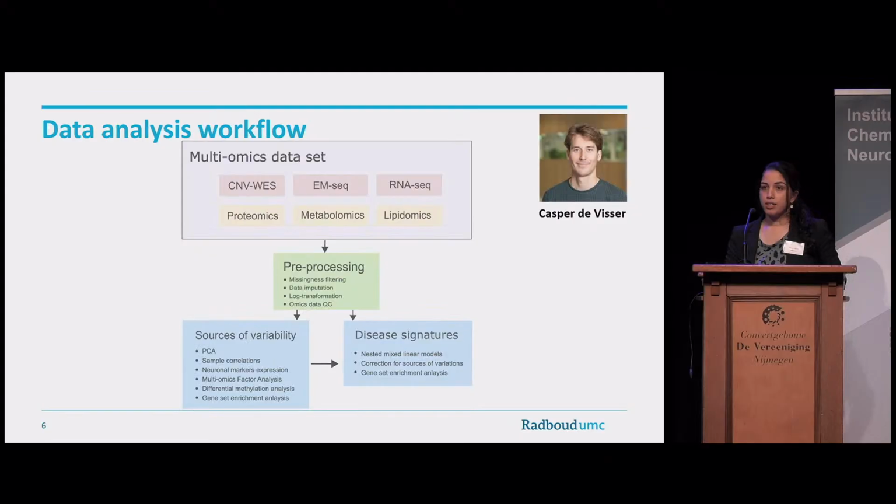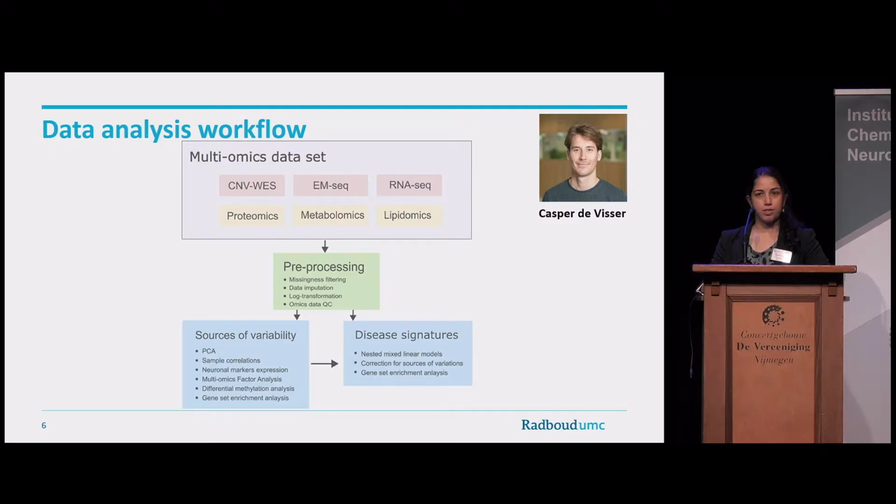As I had mentioned, the data analysis workflow was implemented and the data was analyzed by Kasper here. As we add more and more layers, there is a huge risk of sample mislabeling and mismatch. So we did a quality check and used the CNV data to perform a concordance analysis to check for gender integrity and sample mismatches.